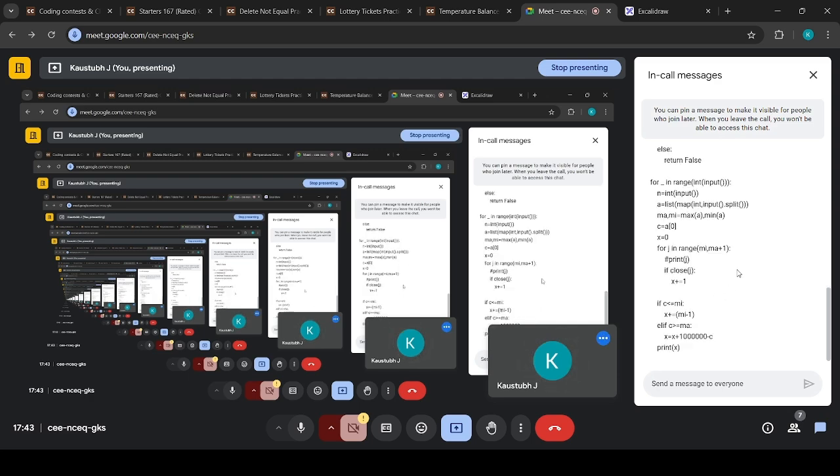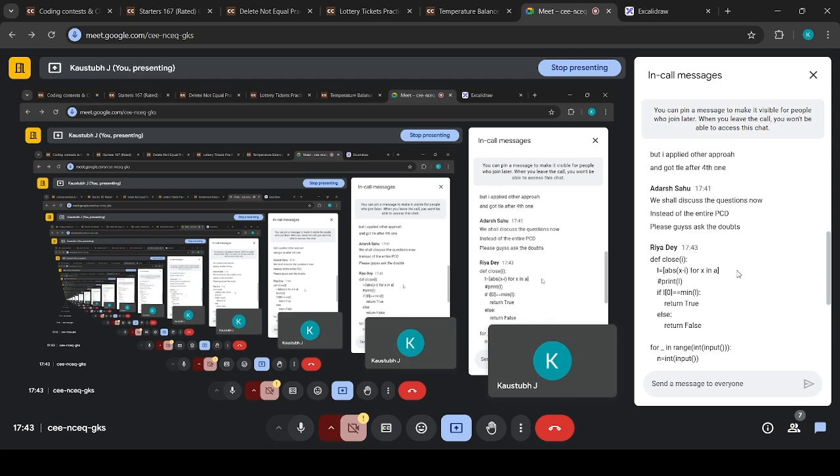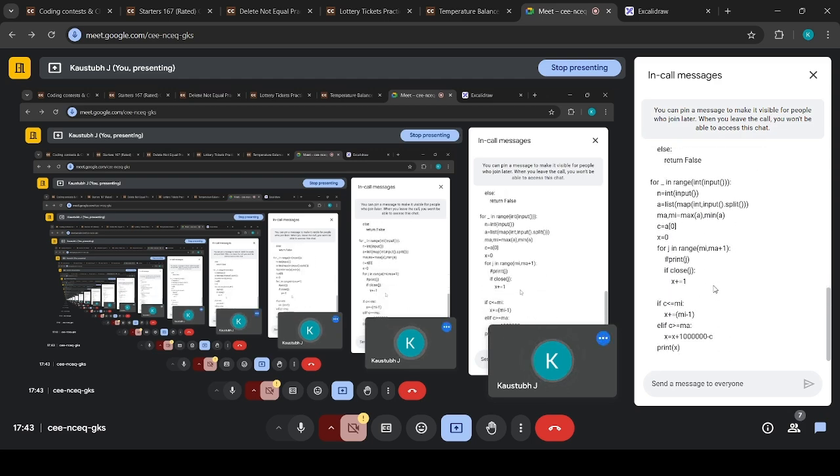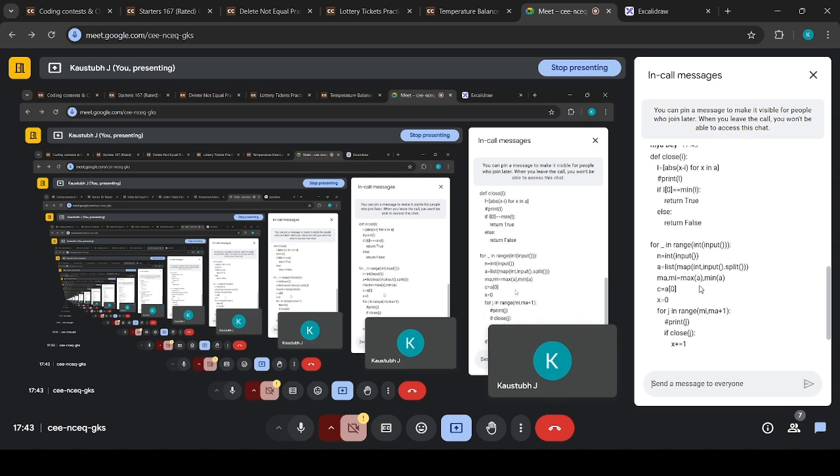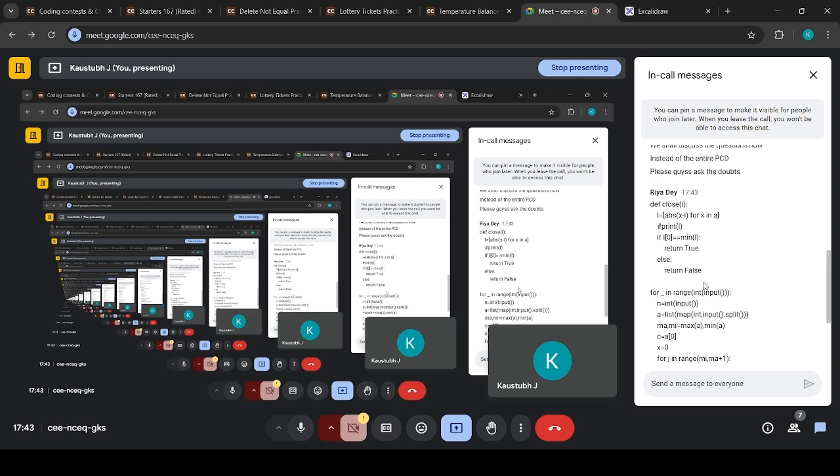Yeah, this is my code. So in this, where is your logic? Yeah, so my logic was that I will go from the minimum to the maximum of that particular range, and then I will go to that function, and will make a pseudo list where I will be subtracting my chef's number from the entire number, right?